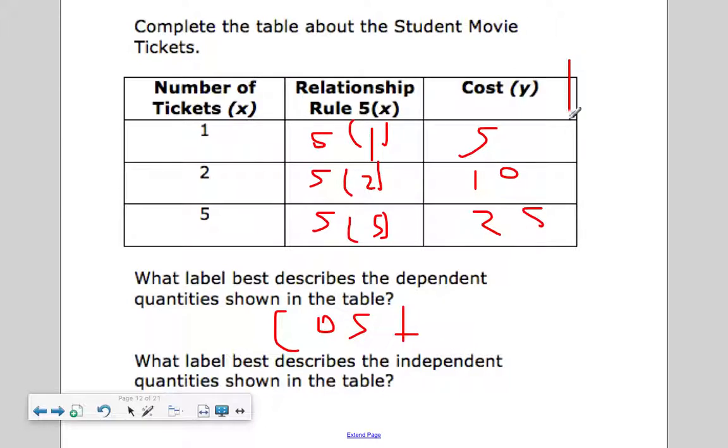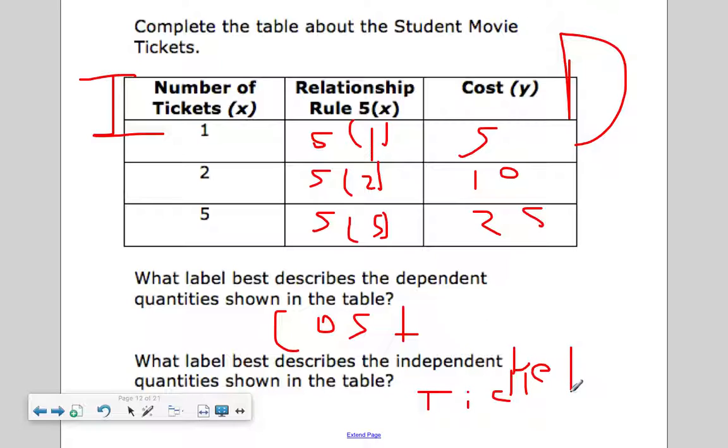So, dependent, independent. Which label describes the independent? The tickets, the number of tickets. So dependent is what responds or depends on. The cost depends on the number of tickets.